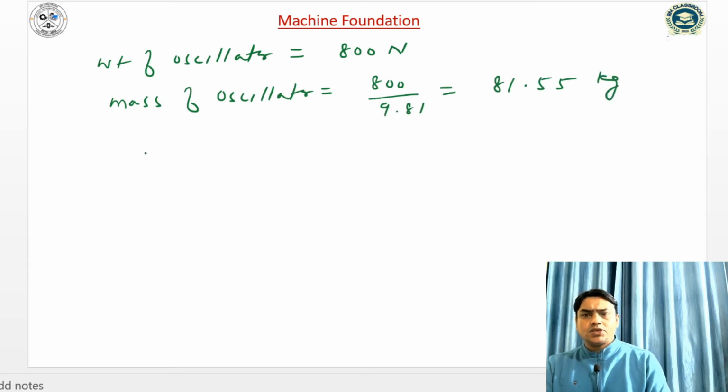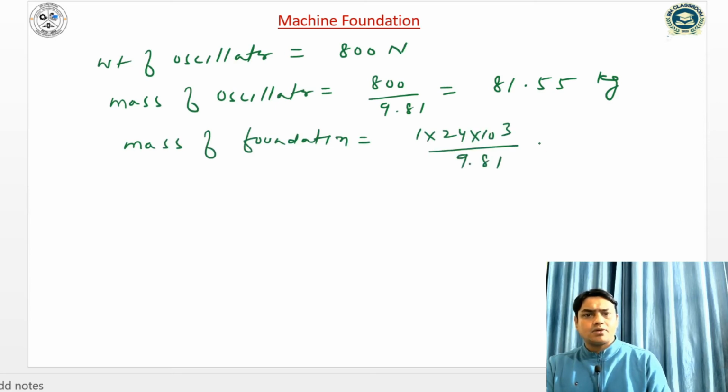Similarly, mass of foundation is equal to 1 into 24 into 10 to the power 3 divided by 9.81. So it will be 24,000 divided by 9.81, which is 2446.48 kg.